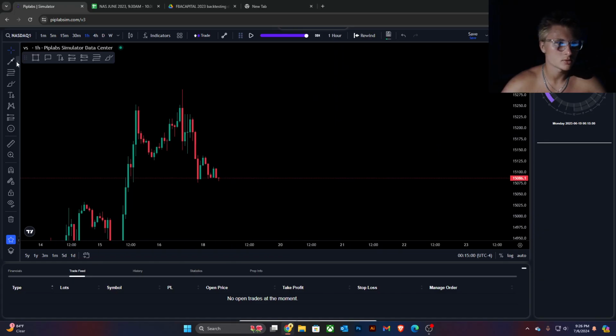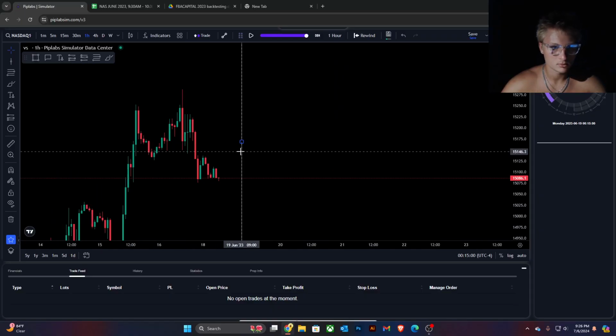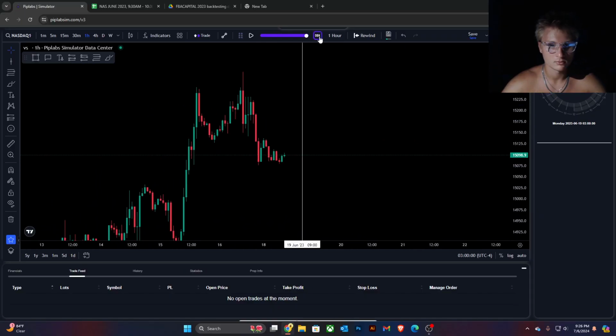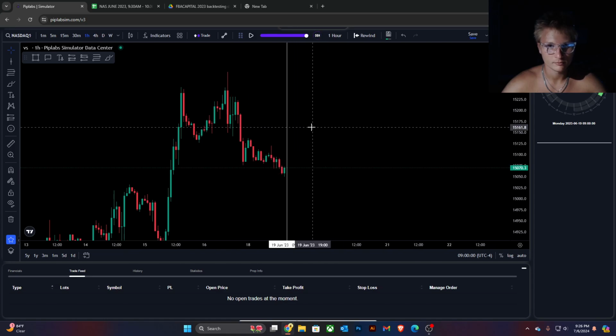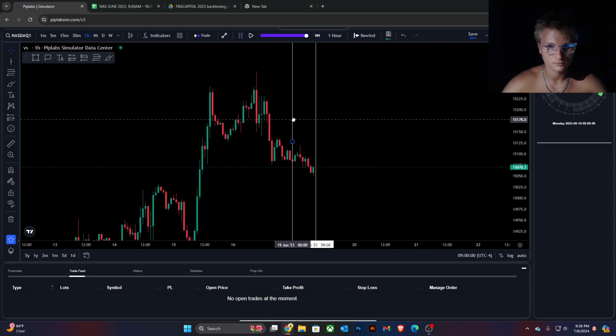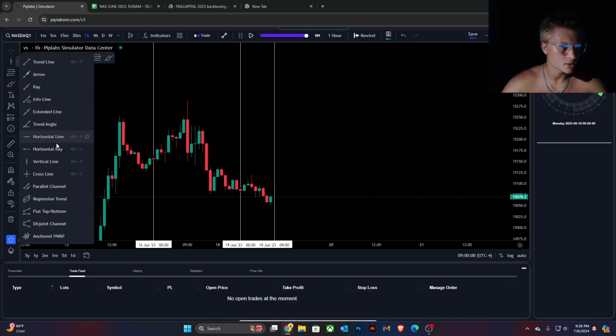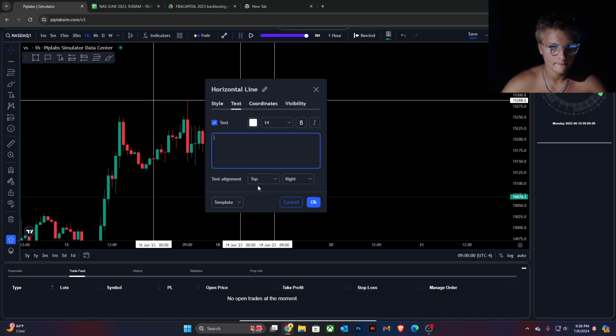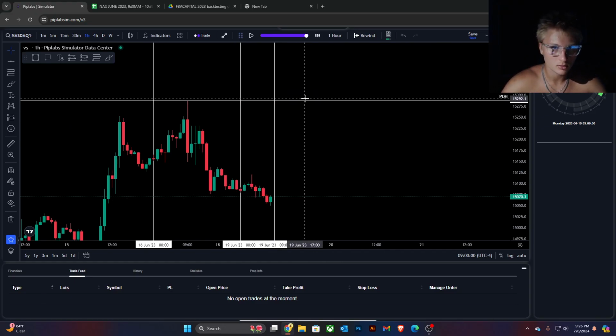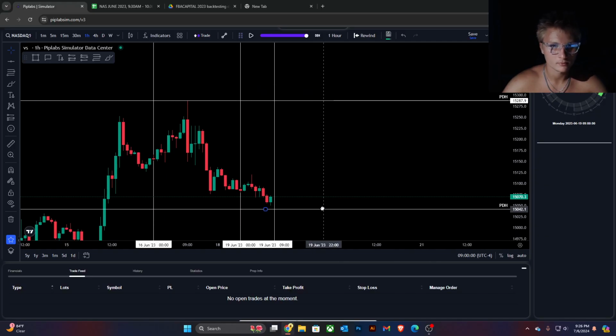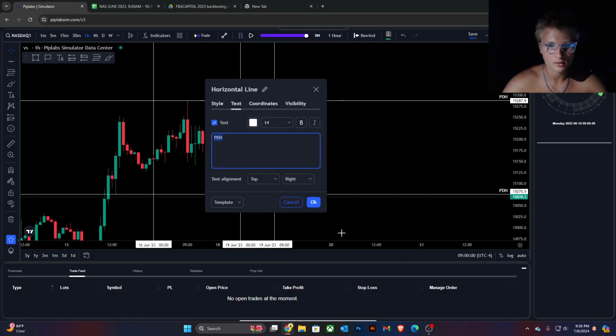Skipping 1 hour candles. And mark up the same thing, previous day's high. And previous day's low. Let's get it exactly on that wick. Yeah, previous day's low down here.